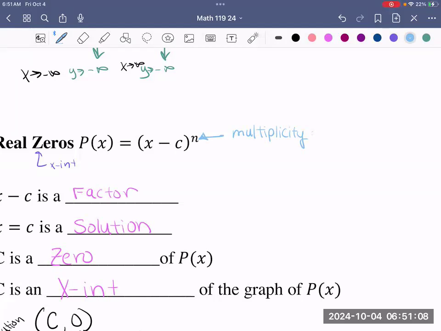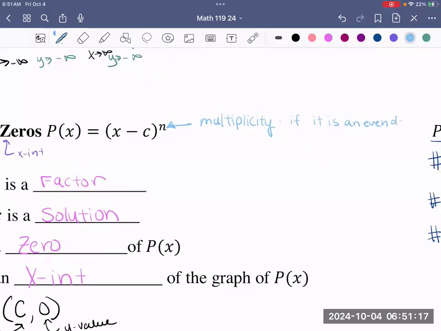So with your multiplicity, if it is an even degree, we bounce. If it is an odd degree, other than 1, we slide.